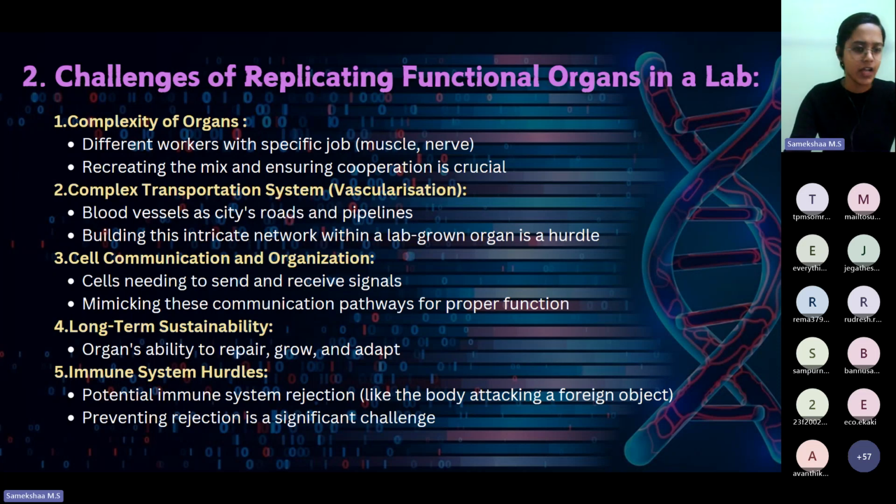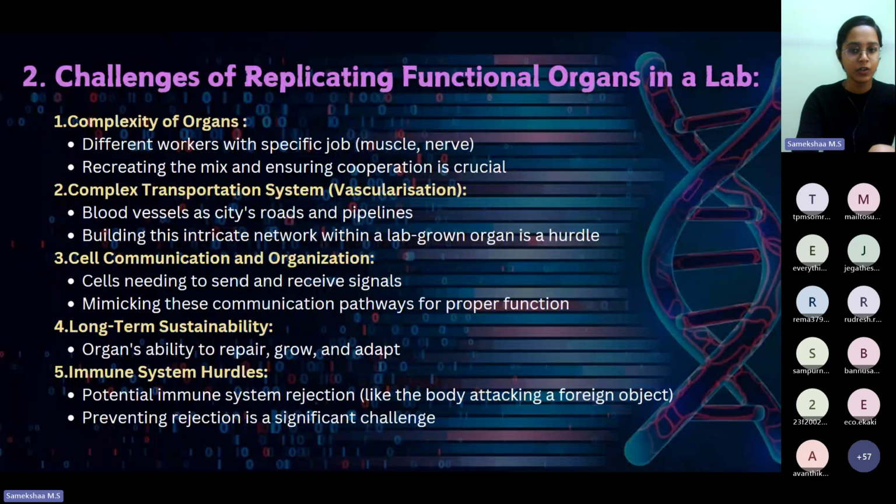Now, what is the fourth challenge? It is the long term sustainability. What is that? Lab grown organs need to be able to repair themselves and grow and adapt like natural organs do. Natural organs are composed of various cell types that work in harmony, right? And these cell types are organized in specific structures and communicate with each other through complex signaling pathways.